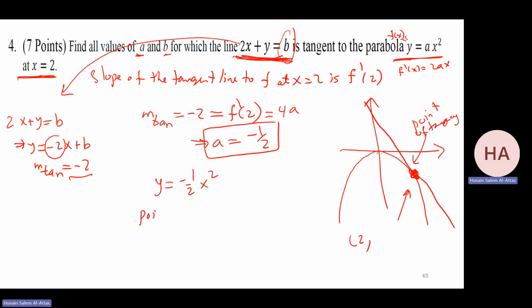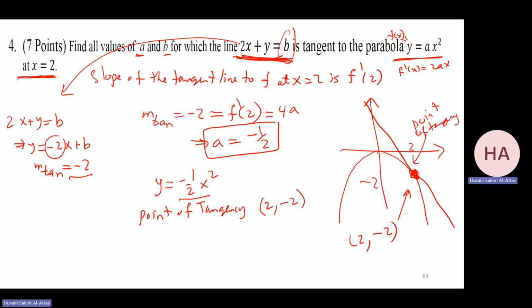So the point of tangency is at x equal 2, and y is what? I just substitute there. It will be minus 4 over 2, which is minus 2. So the point is (2, minus 2).